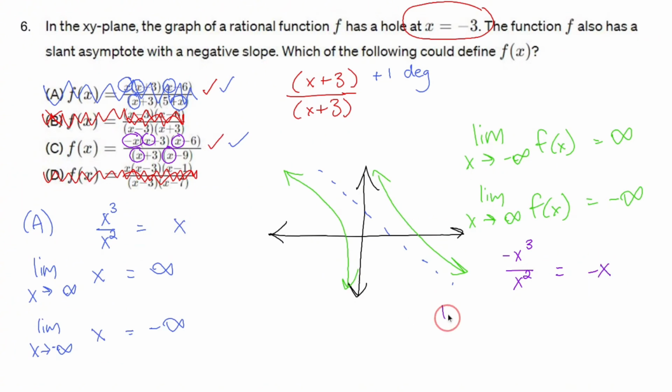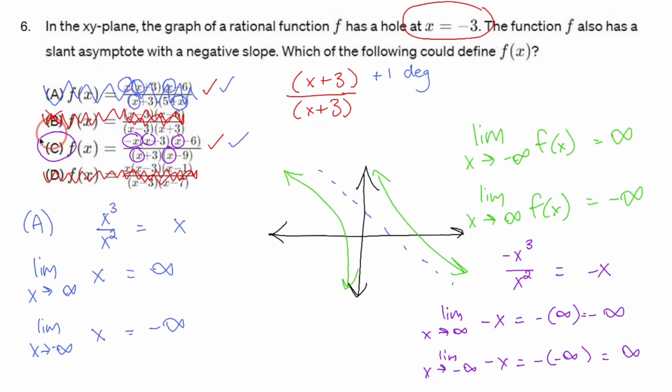If I find the limit as x approaches positive infinity of negative x, I plug infinity into x and that gives me negative infinity. Similarly, the limit as x approaches negative infinity of negative x gives negative infinity becoming positive infinity. And that's exactly what I want. So C is the answer.